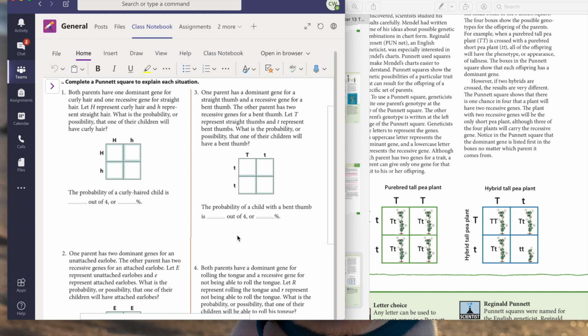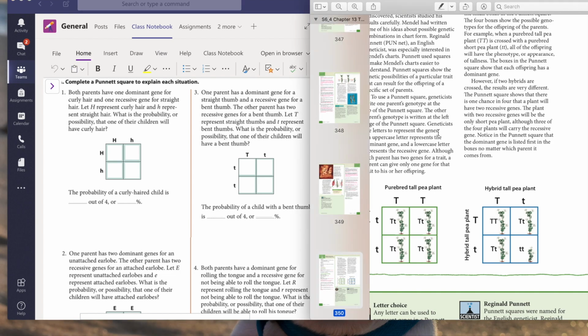To make it easier to understand or more mathematical, Reginald Punnett developed this system. If we know the genotype or the genes of the parents, then we will know, within a relative amount of certainty, the percentage of traits to be found in the offspring. So we'll know what percent of the offspring are going to be tall and what percent are going to be short, in this case of the pea plants.